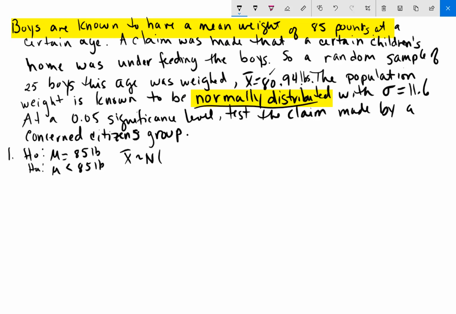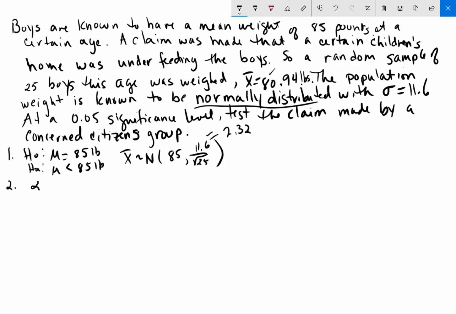It's got a mean of 85 and a standard error of 11.6 divided by the square root of 25, which is 2.32 for a standard error. Now part 2, what's the significance level? Well, they want us to do it at a significance level of 0.05 because it's a relatively serious matter.